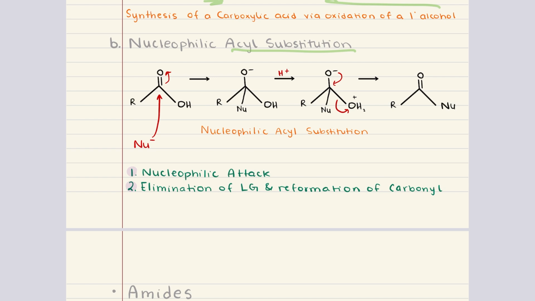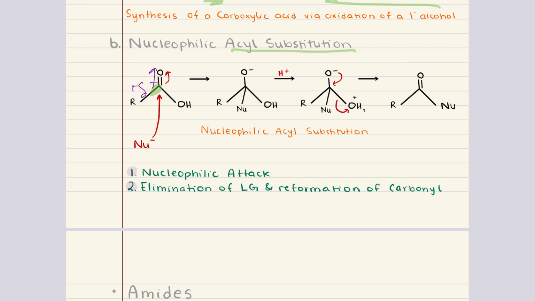Let's go through the general mechanism step by step. First, the carbonyl carbon of the carboxylic acid is electrophilic, meaning it is partially positive due to the high electronegativity of the oxygen atom. This makes it an attractive target for a nucleophile, which is a species that donates a pair of electrons.